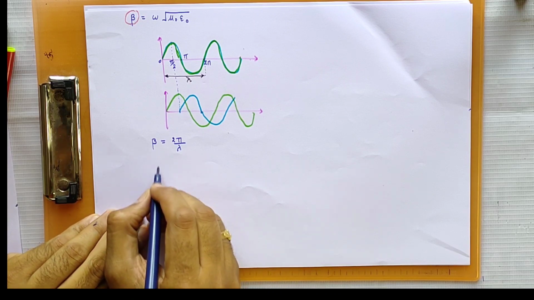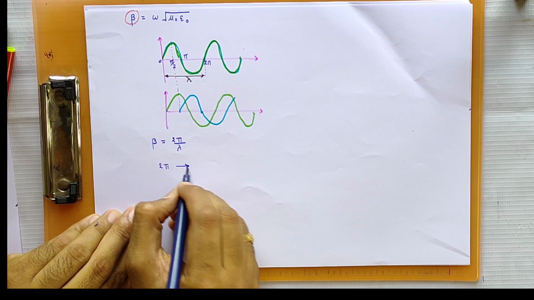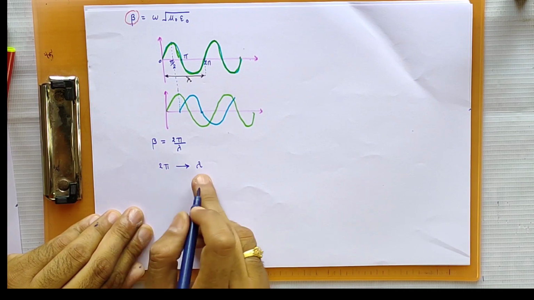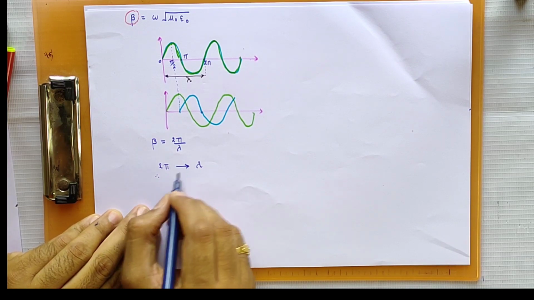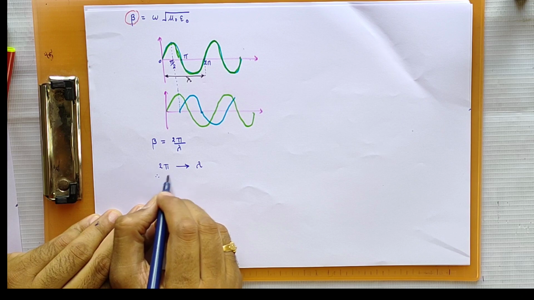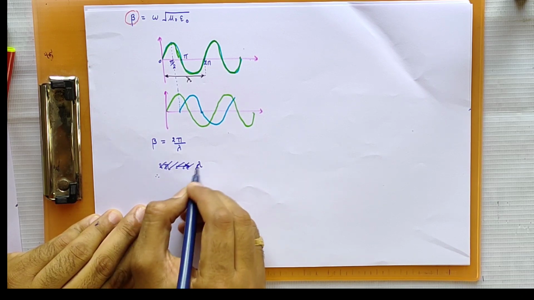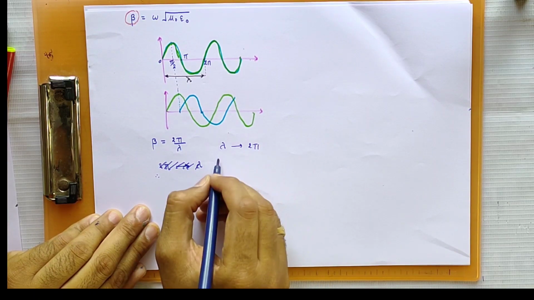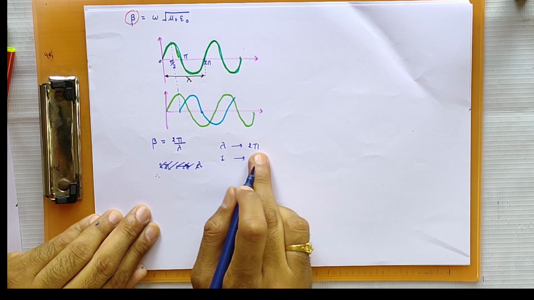For the maximum phase difference of 2 pi, it should be lambda. So for lambda meters the phase difference is 2 pi.